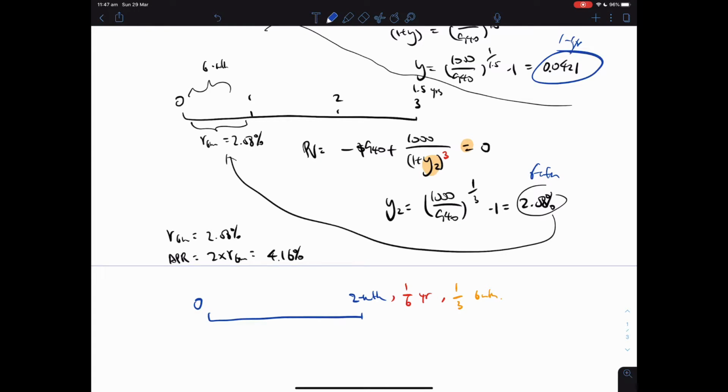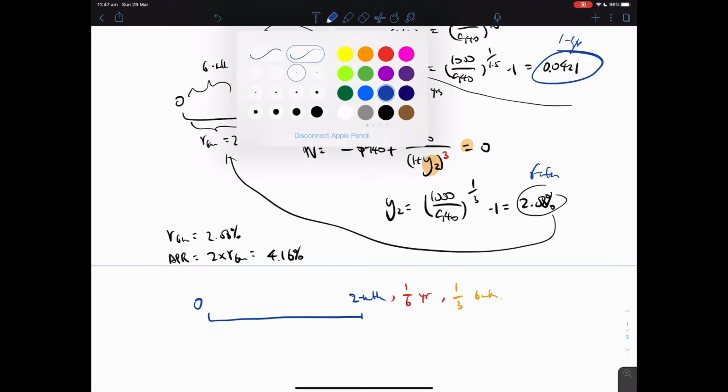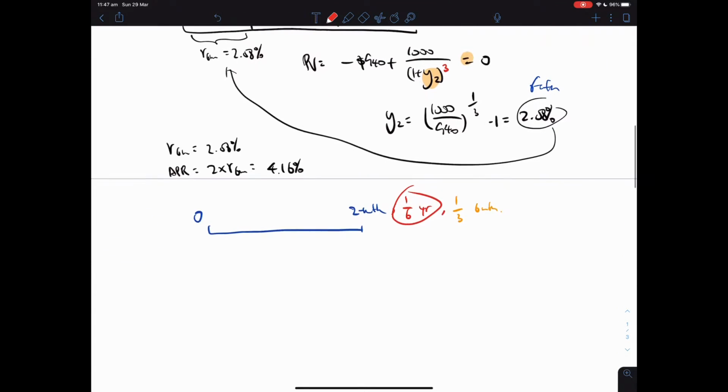So let's just say if we stick with 1/6, that just means the interest rate would be for 1/6 year, where the EAR is 4.21%.